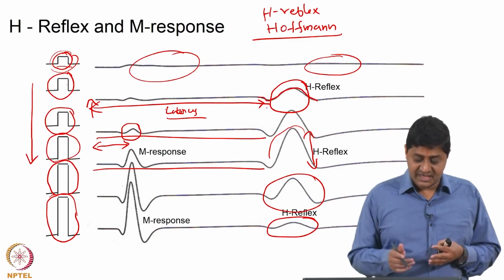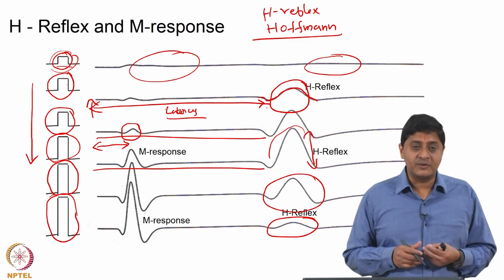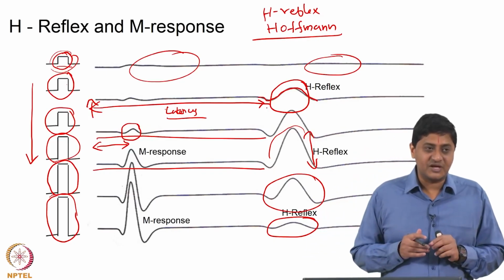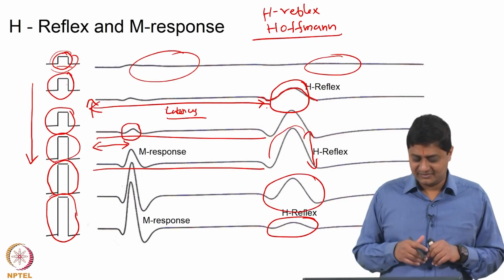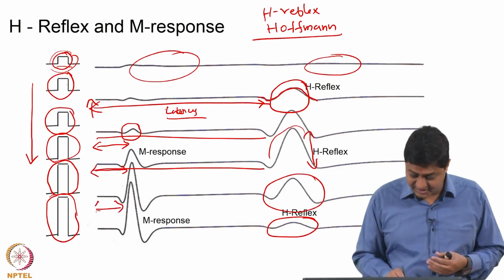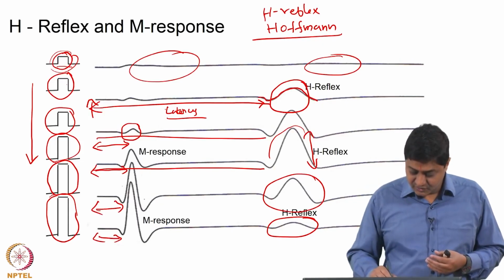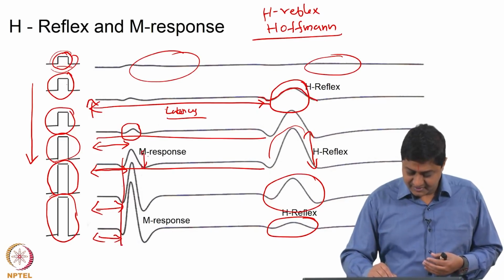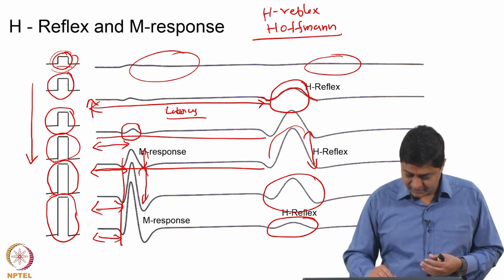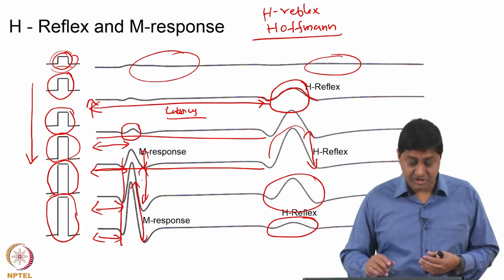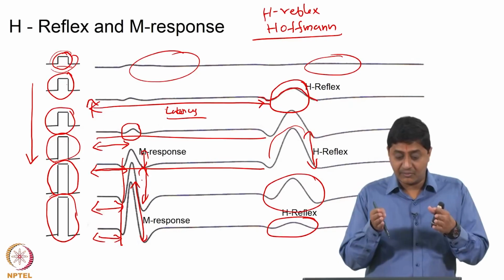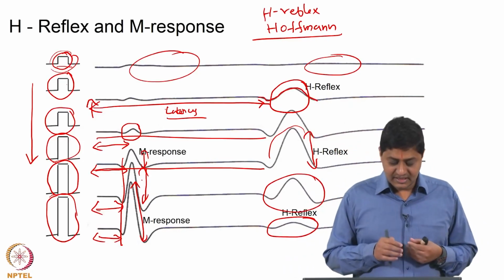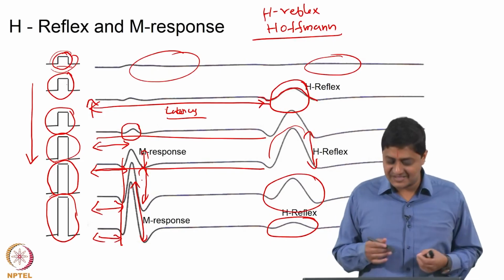If I see a response at a lower latency, then there is only one possibility, that there is no synapse in that pathway. What could that pathway be is the question. As I keep increasing the stimulus, you see that the latency remains the same, the amplitude keeps increasing. Very large amplitude responses happen at a much lower latency when compared with the H reflex. It is not clear what the physiological mechanism of this is.